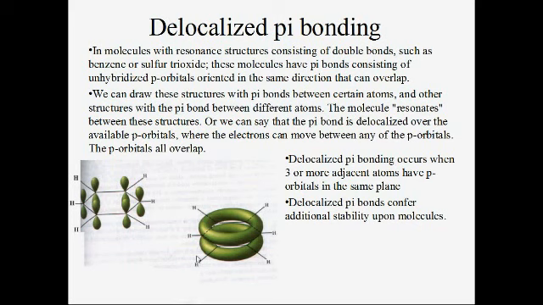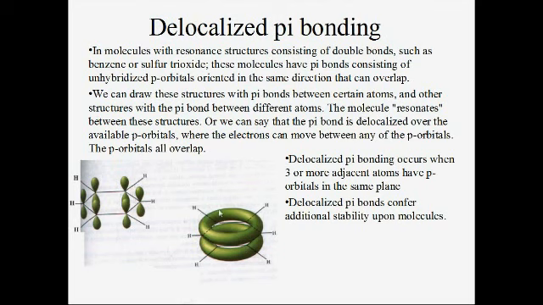So the example here would be a benzene ring. When you draw this benzene ring, we would show 3 double bonds separated by 3 single bonds. Well, that means that there's an unhybridized p orbital in every carbon atom, and we can resonate between double and single bonds with 2 different configurations.